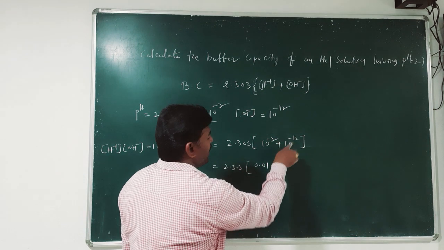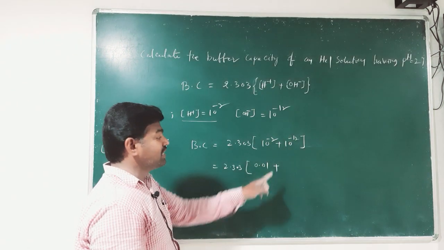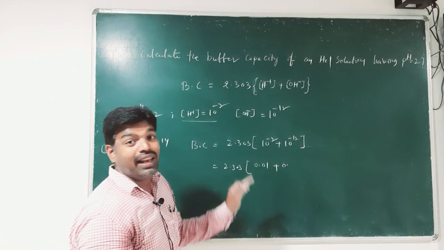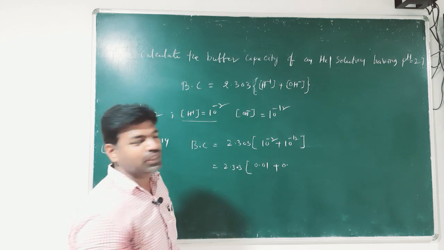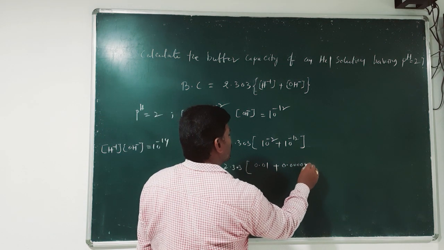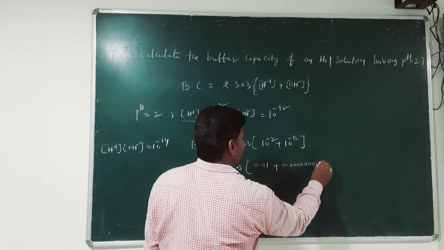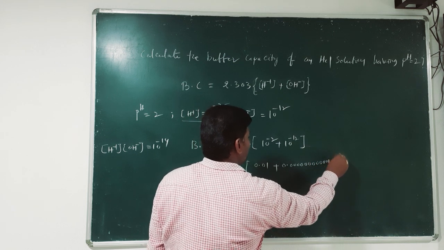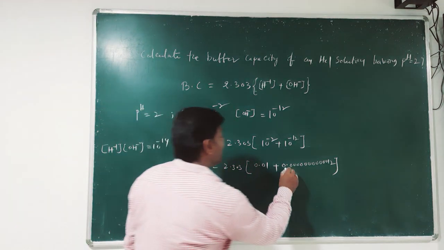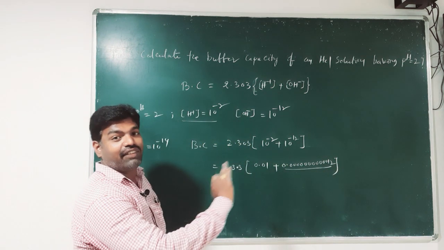But 10 power minus 12 is 0.00000000000 1, with 11 zeros after the decimal point, which is a very negligible value, so we can neglect it.